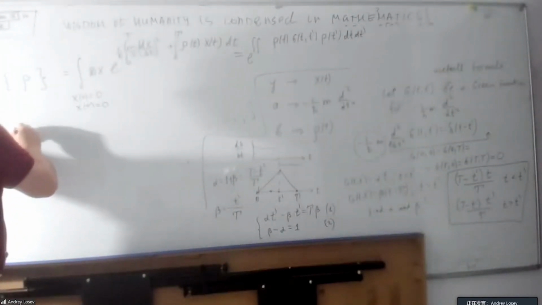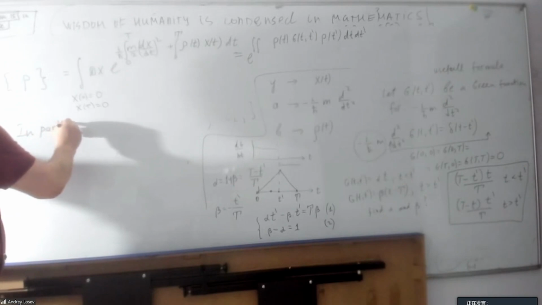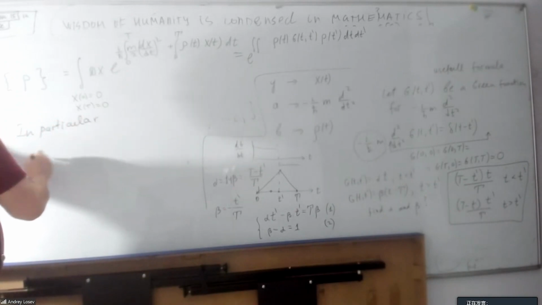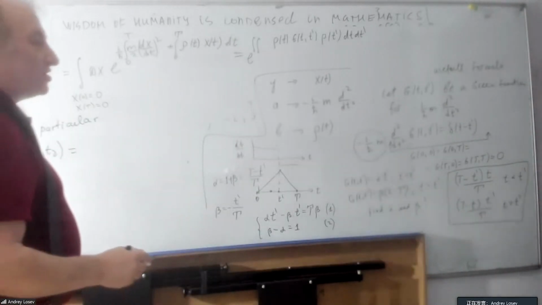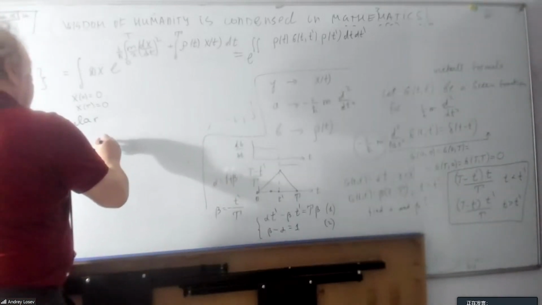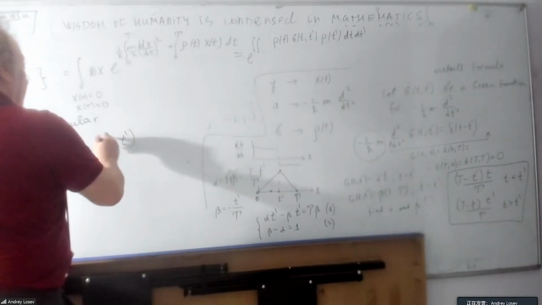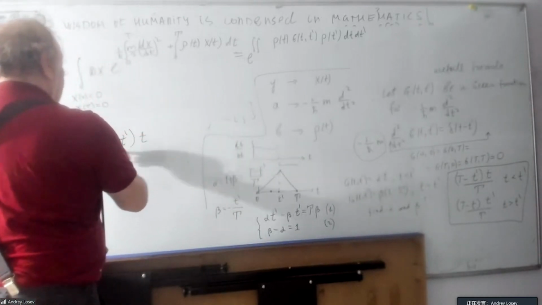So in particular, correlator T1, T2 equals just this function, T minus T prime times T over T capital.